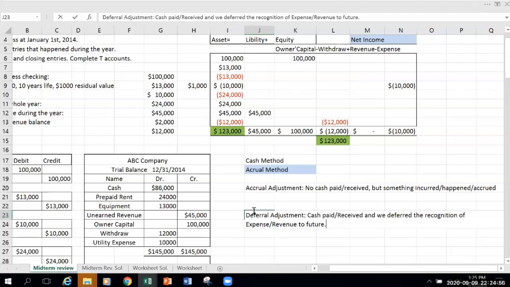So let's say you paid cash, prepaid rent to someone, and you deferred the recognition of rent expense to the future.